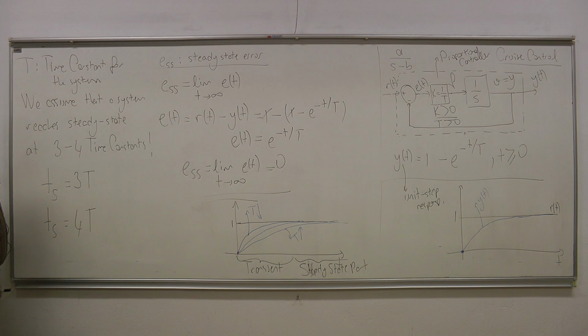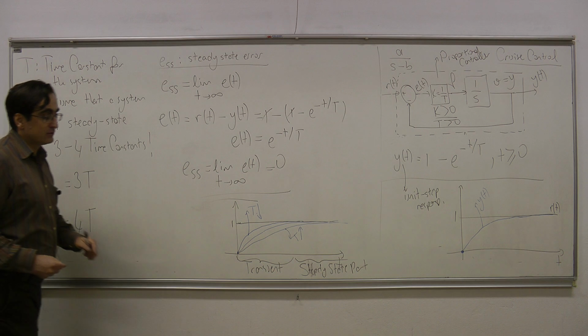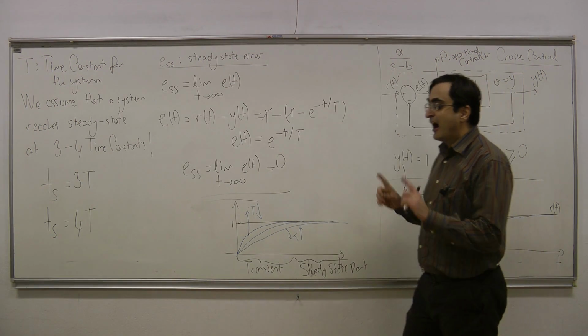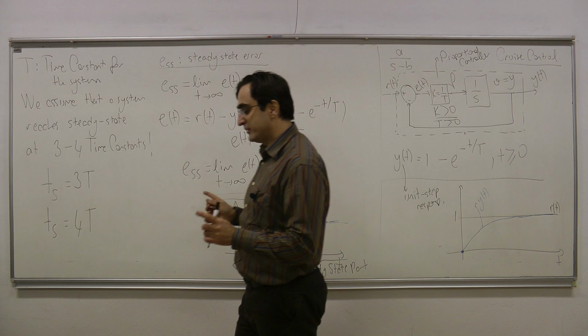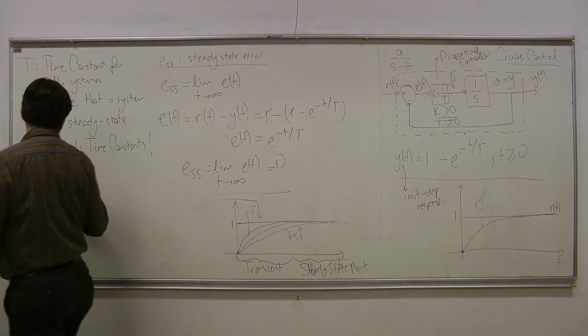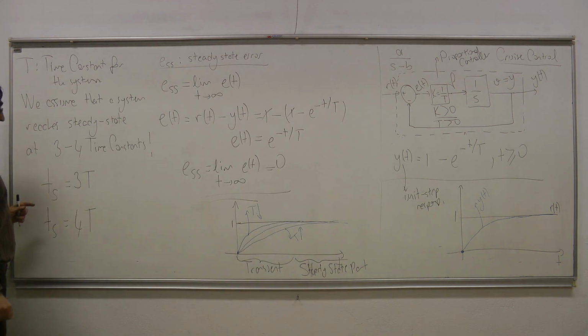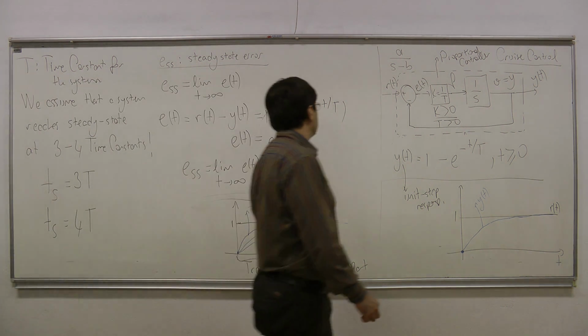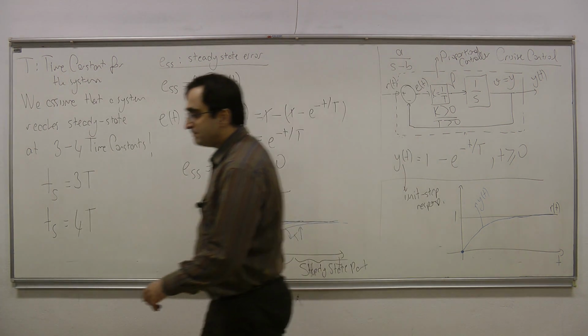But here, we are always relating the settling time of a system, which determines how fast a control system is, to the time constant of the system, with a proportionality constant, either 3 or 4, depending on the application.